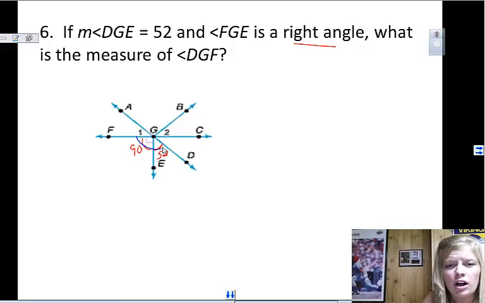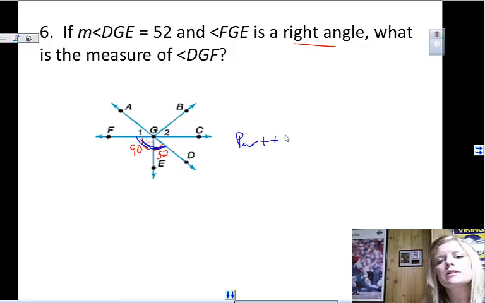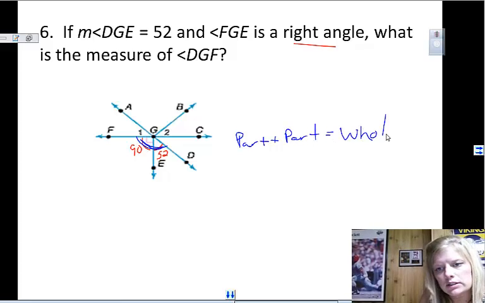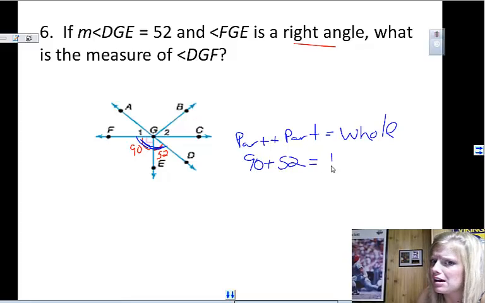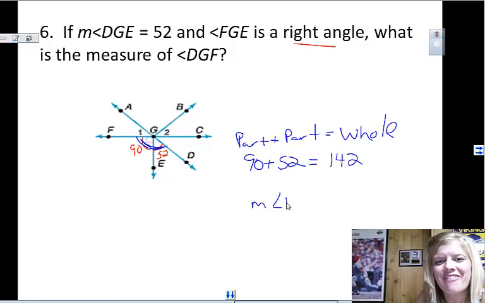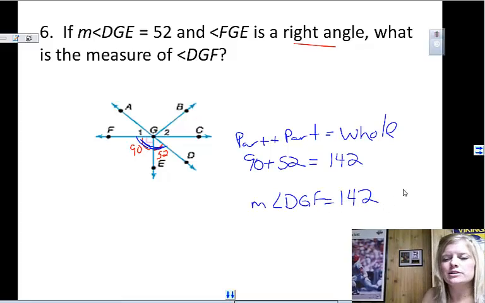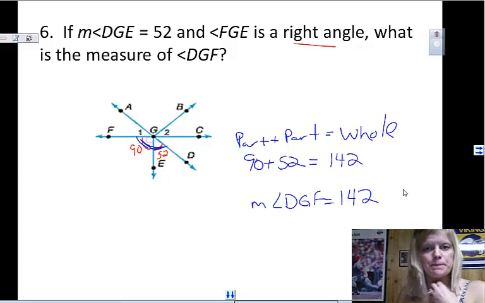That is both angles combined. So part plus part equals whole. So 90 plus 52 equals 142. Brain fart. So the measurement of angle DGF equals 142, and that is it.